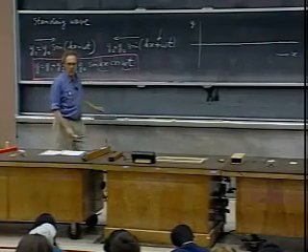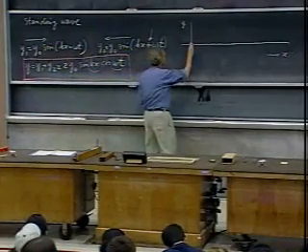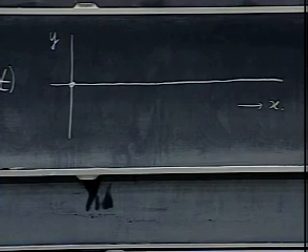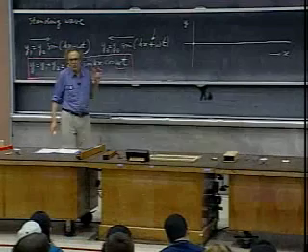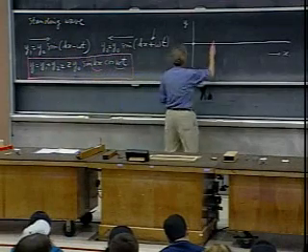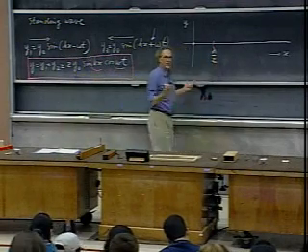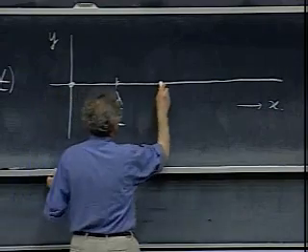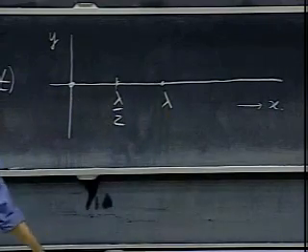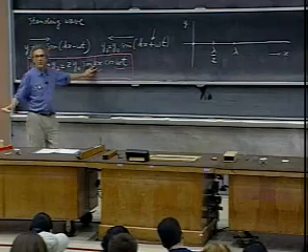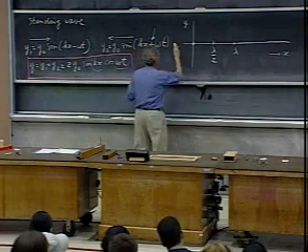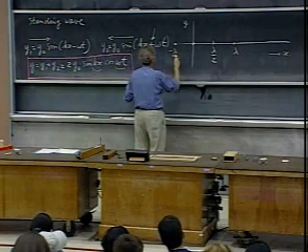If x is 0, the sine is always 0. So this point will never move. But if kx is 180 degrees, it's also 0, always. So lambda over 2 will never move. X is lambda, when this is 360 degrees, will never move. Minus lambda over 2 will never move.